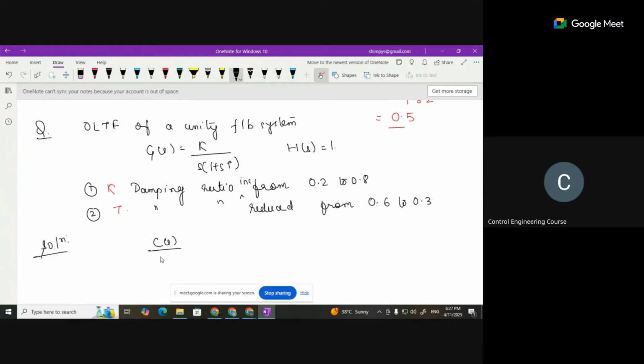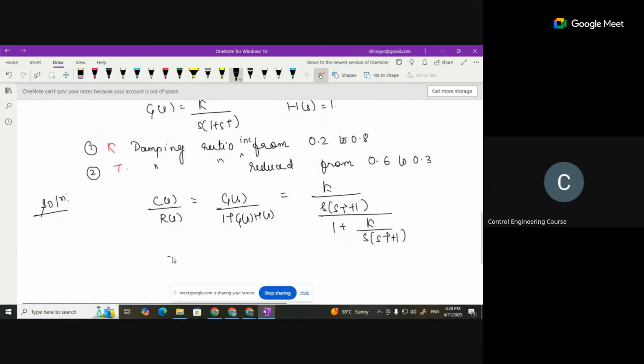If we find out the transfer function C(s) by R(s), that is G(s) by 1 plus G(s)H(s), K by s(sT plus 1) divided by 1 plus K by s(sT plus 1), it comes out to be K by s square T plus s plus K. Can I rewrite this as (K by T) by s square plus s by T plus K by T?